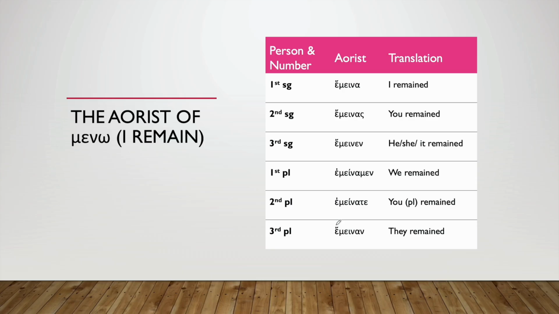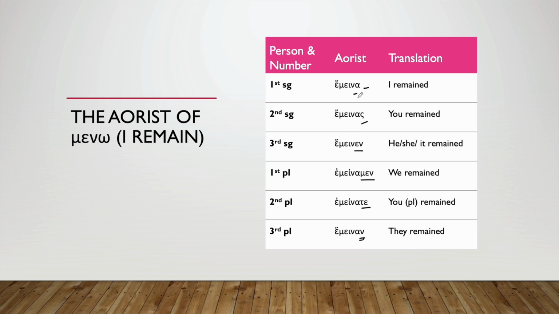And here's an example. Here's the paradigm. So again, same endings. Okay, so just the alpha here, zero ending. Sigma switches to an epsilon, just like it did with our other first aorist. μεν, τε, and the new here. Okay, so this is just like what we learned when we learned ἔλυσα. ἔλυσα, ἔλυσας, ἔλυσεν, ἐλύσαμεν, ἐλύσατε, ἔλυσαν.